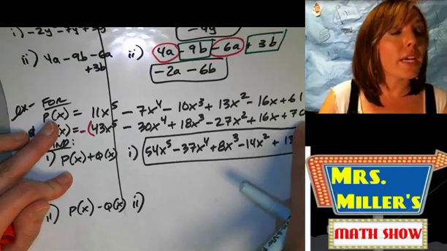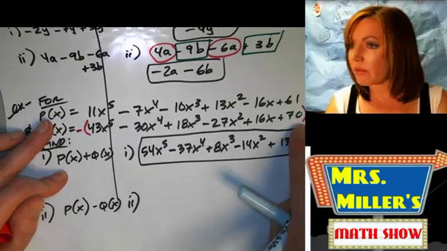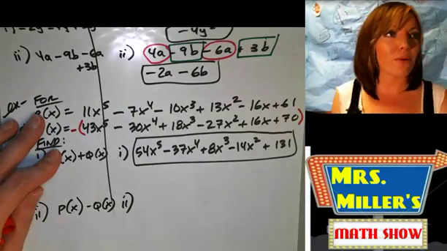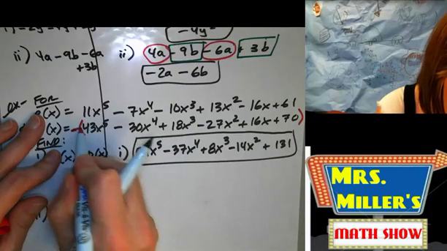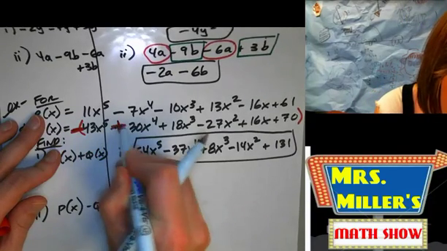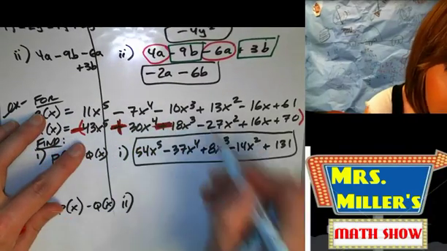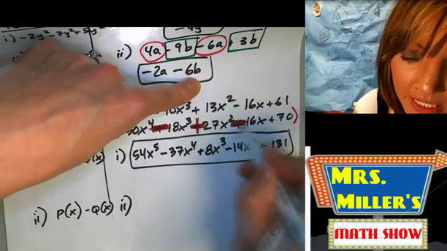And what does the negative being distributed do to the signs of each of these terms? It changes them. Perfect. So this is a minus, this one is a plus, this one is a minus, this one is a plus, this one comes out to be a minus, and this one is also a minus.